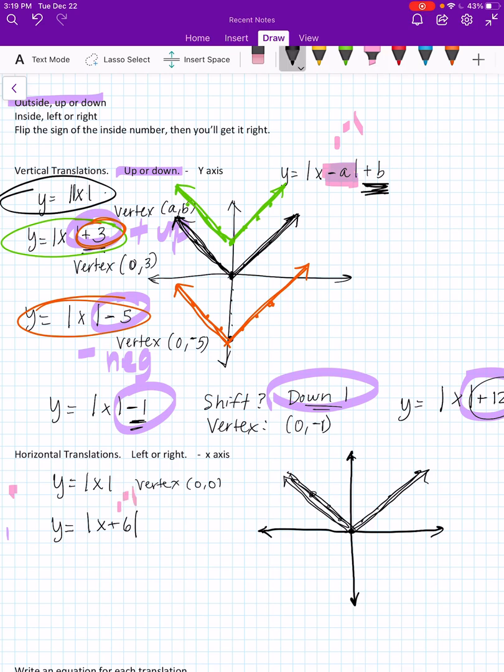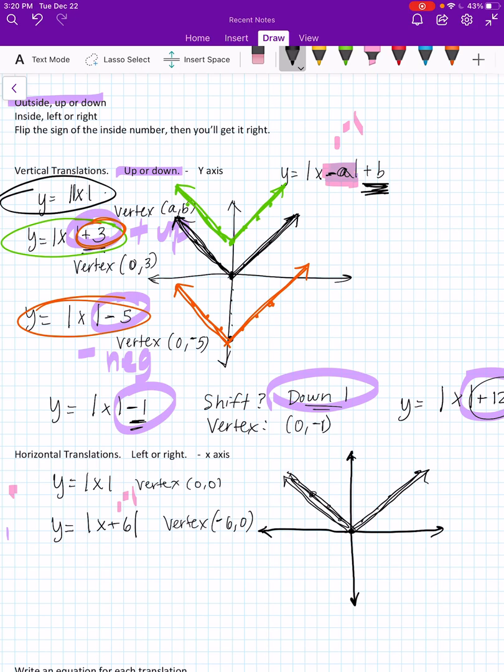So here, my vertex would be -6, 0. So now if you go back to the song, it says inside, move left or right, but then it says flip the sign of the inside number, then you'll get it right. So I had a +6, so I had to flip it to a -6. So my vertex now would be -6, 0.